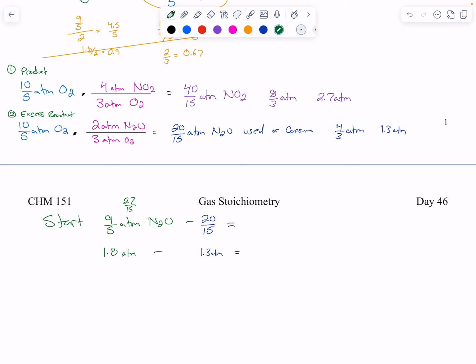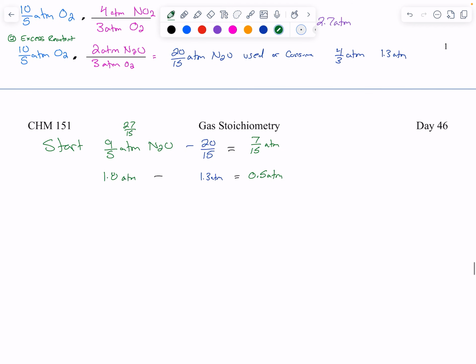And so you're left with either 7/15 atmospheres, or you're left with, what is that, 0.5? Yeah. All right, which 7/15 is not quite 0.5, right? So one of the other things I like working with fractions is you're not rounding, even though you're still using sig figs. It's kind of fun.